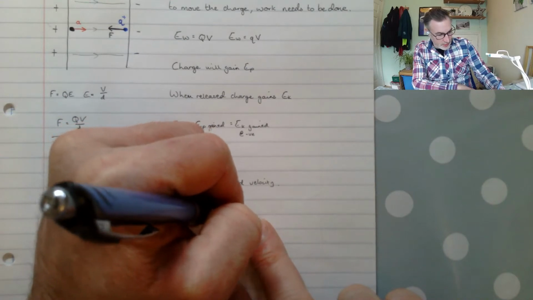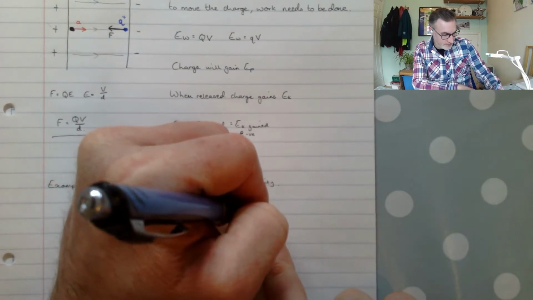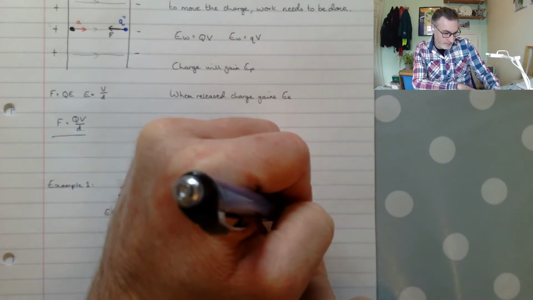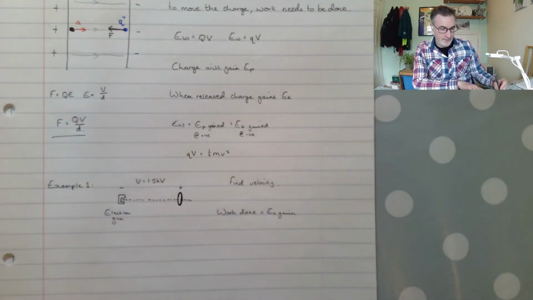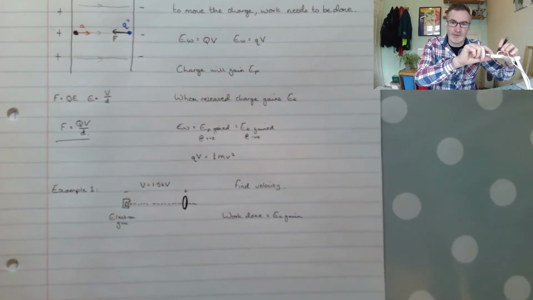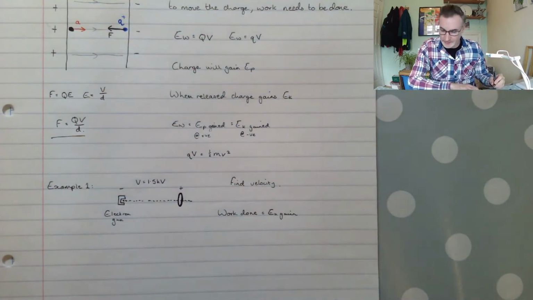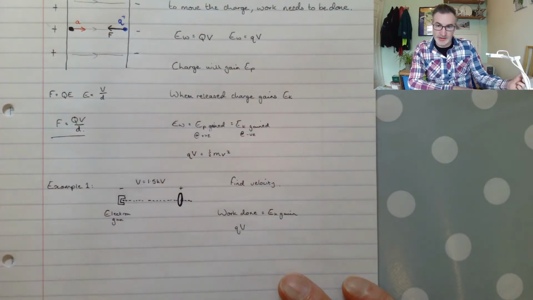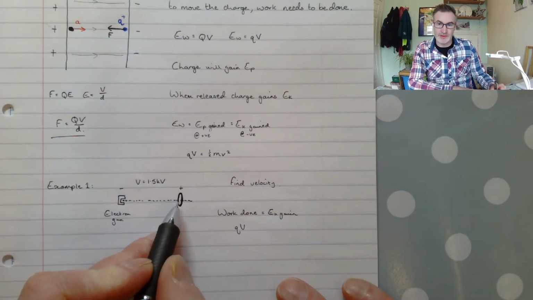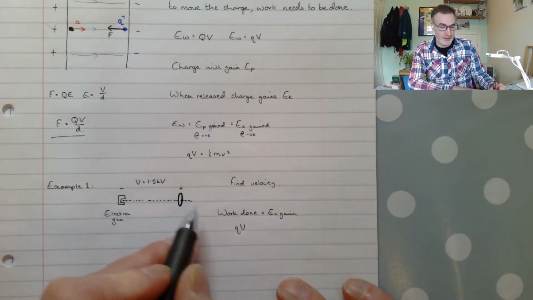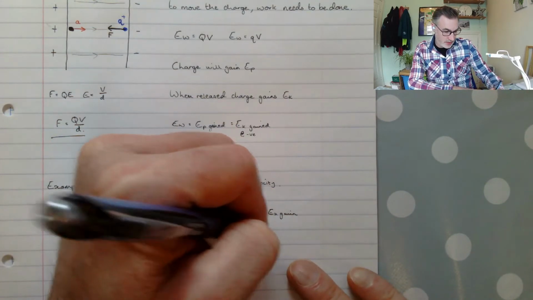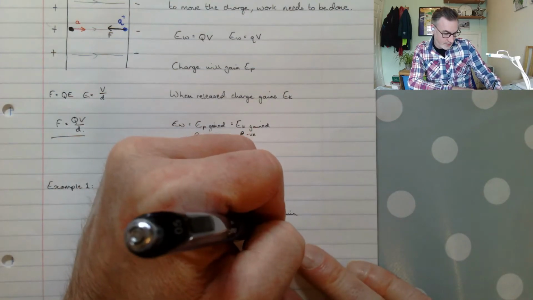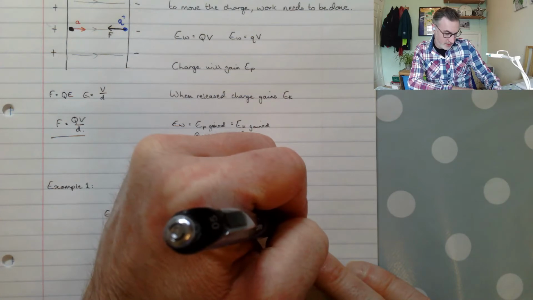So really straightforward. We're just going to say work done is equal to Ek gain. So work done, charge, now this is the charge of an electron, times the voltage between the anode and the cathode, equals kinetic energy, half mv squared.